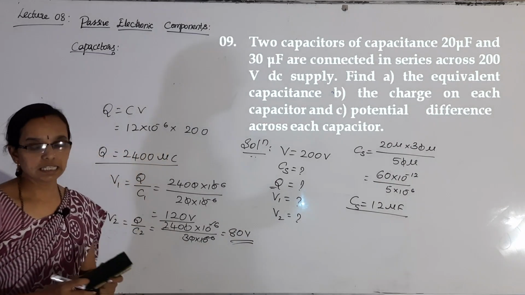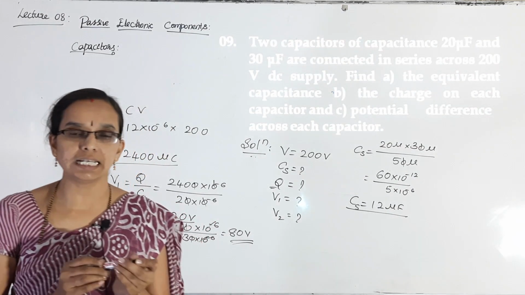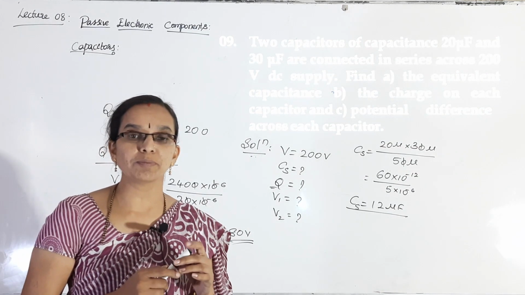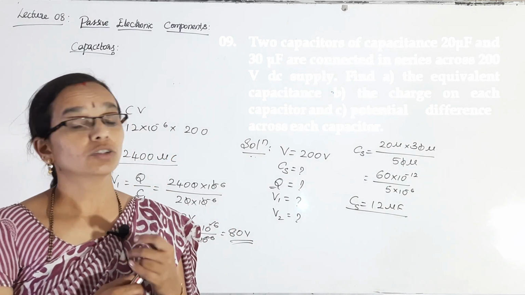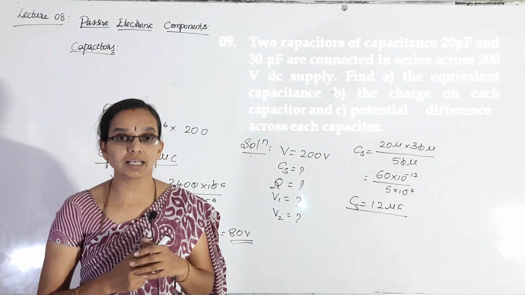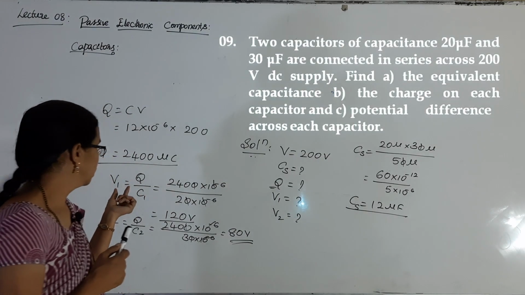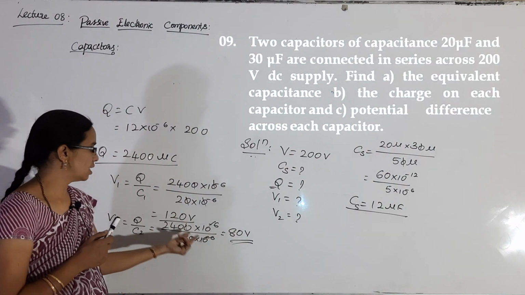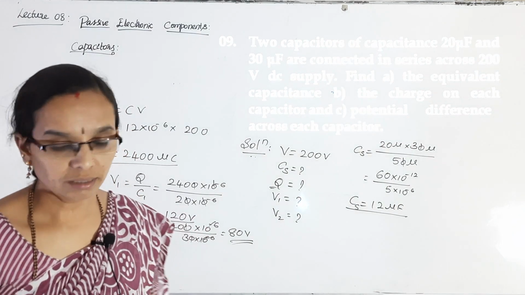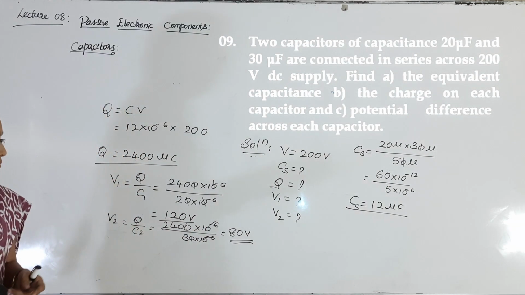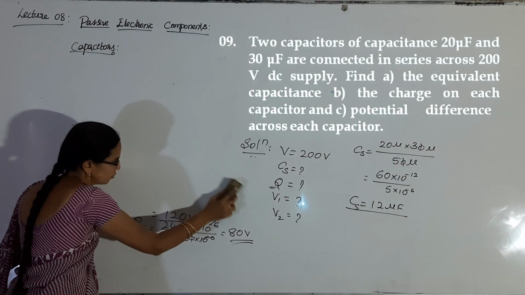So two capacitors 20 micro and 30 micro are connected in series, and a 200 volt DC supply is connected across the combination. 120 volts is stored in the first capacitor and the remaining 80 volts in the second capacitor. This kind of problem will be asked for 5 marks.